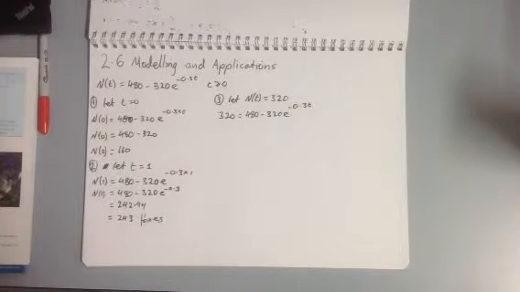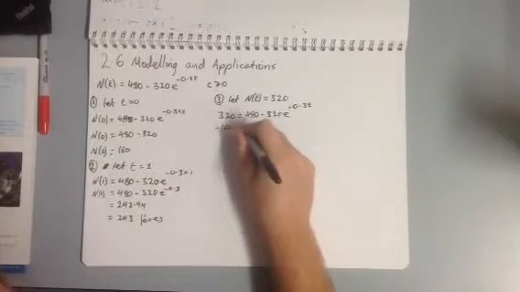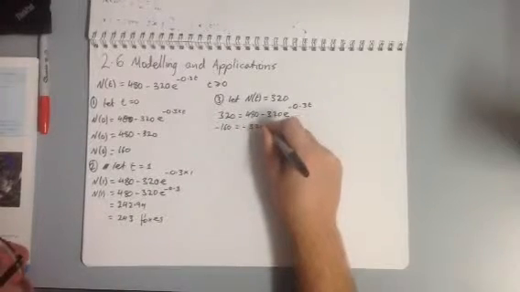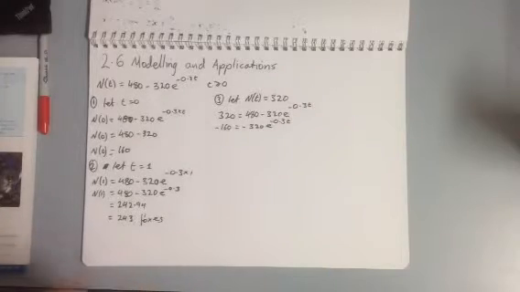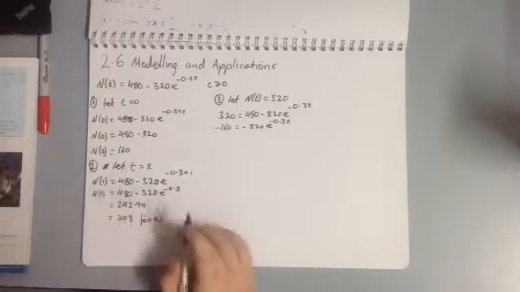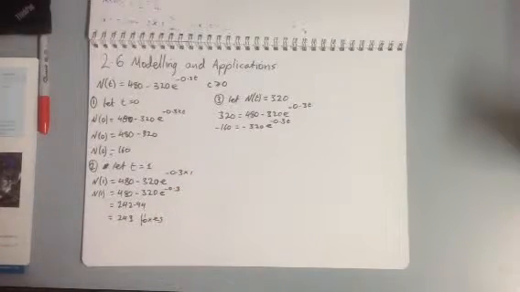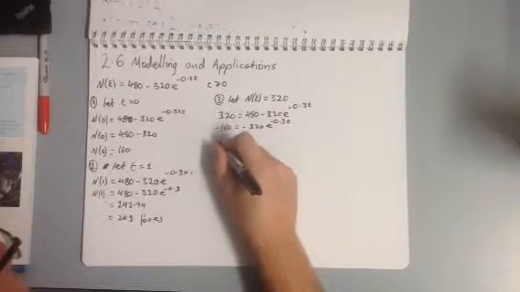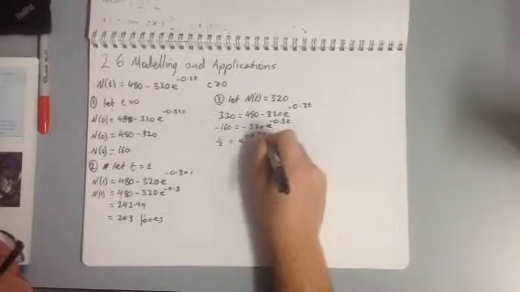Now we've got to solve for t. So take away our 480, and we've got negative 160 equals negative 320 e to the negative 0.3 t. Divide by 320, which means we get a half equals e to the negative 0.3 t.